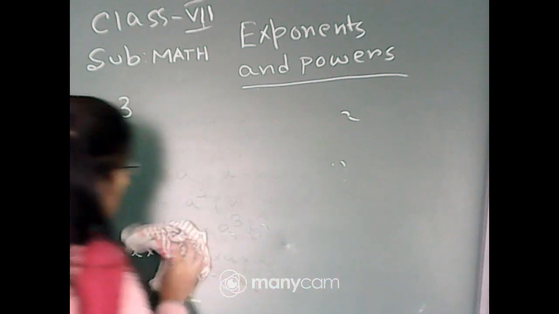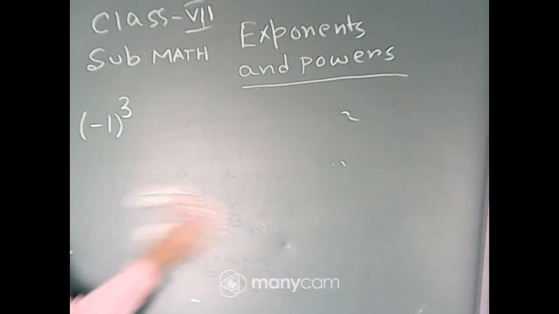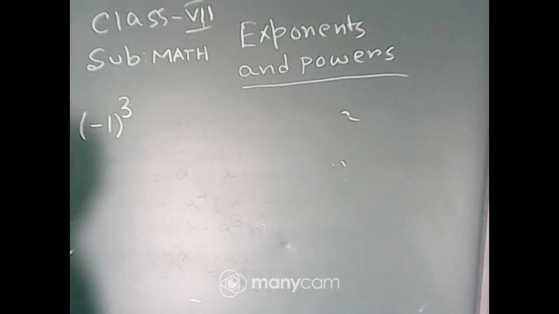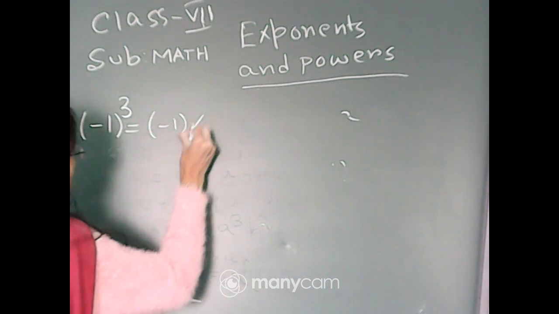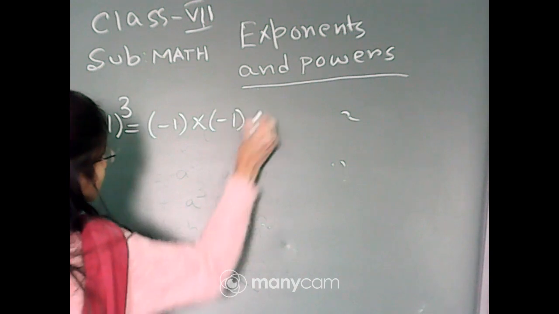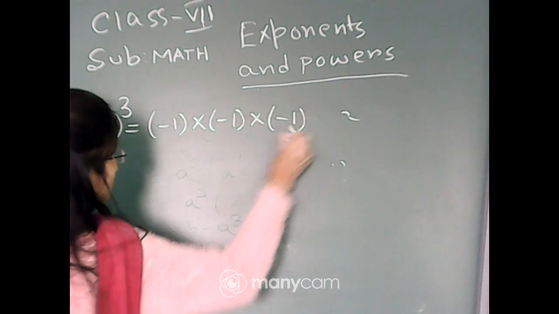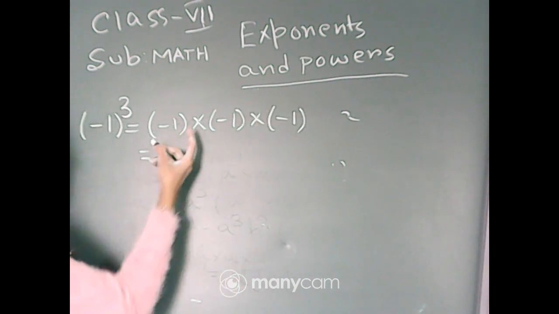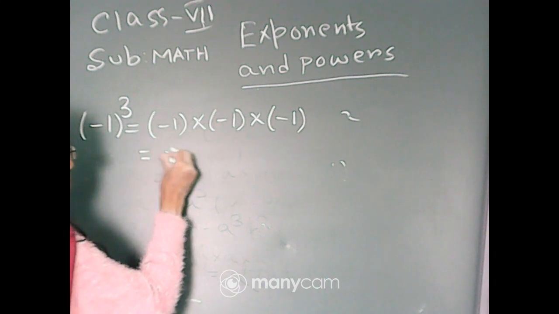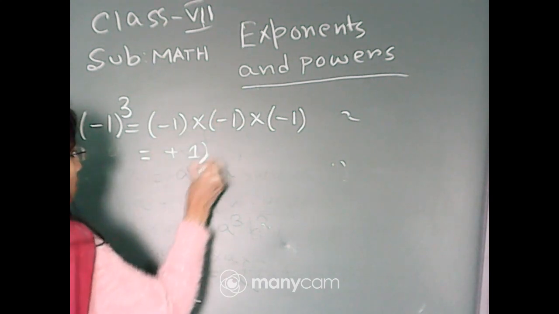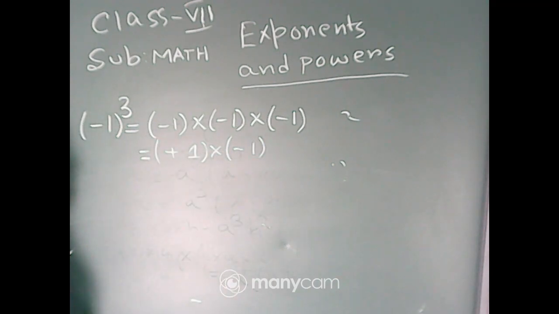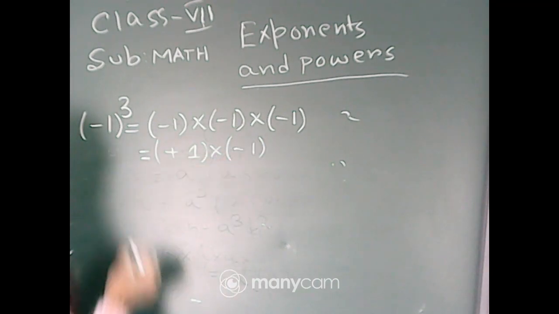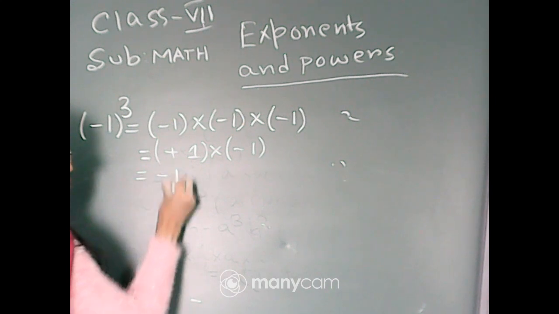Since the power or exponent is 3, we write minus 1 three times, isn't it? Now, minus 1 into minus 1 is equal to plus 1, and plus 1 into minus 1 is equal to minus 1, isn't it?